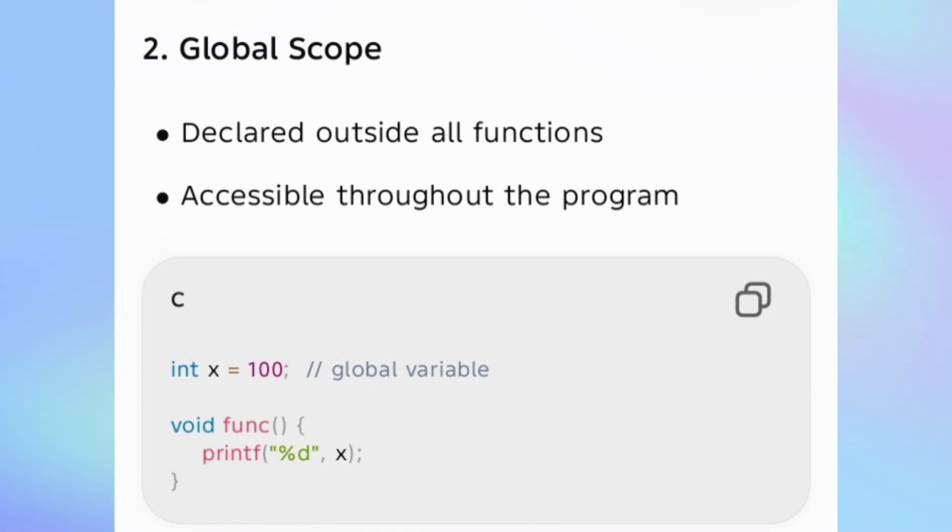That's why we use global scope. Local scope is only the part of the code inside the main function or inside the function where it is declared, used in the same block or area of code. It's a major difference between global scope and local scope.